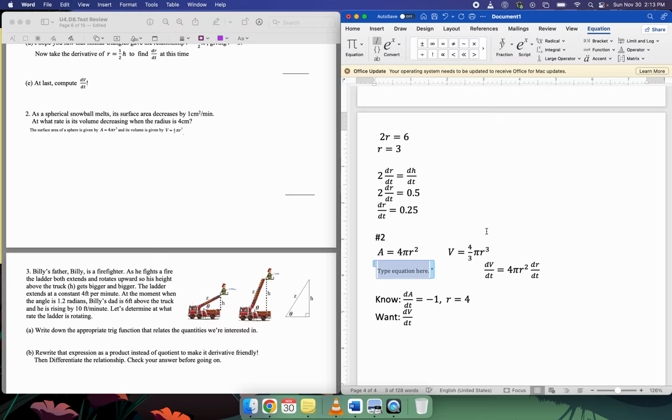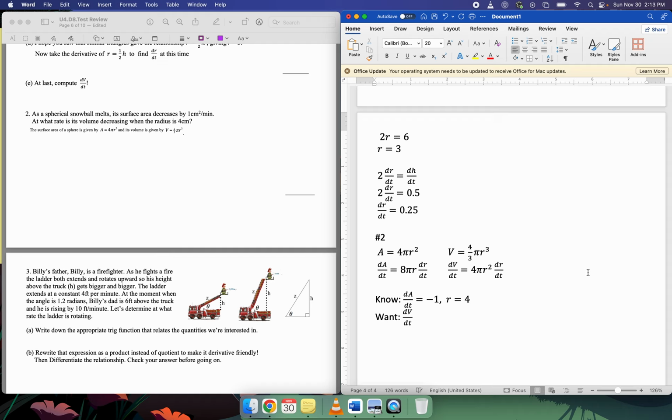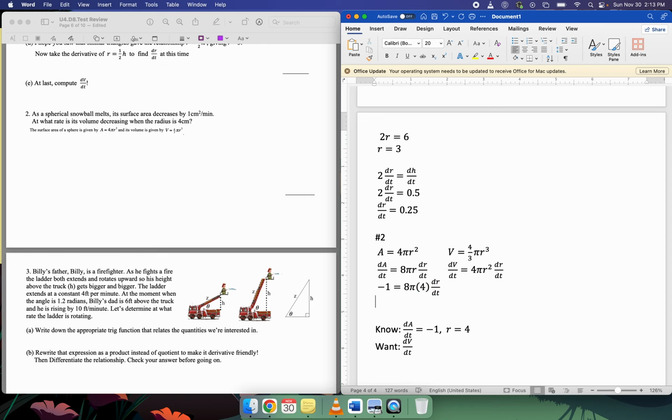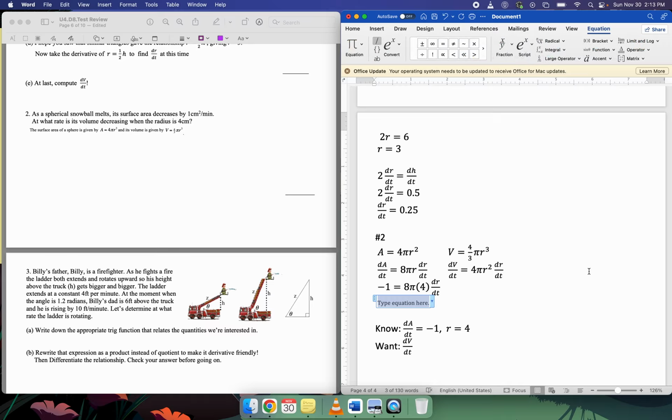That would give me dA/dt is equal to 8 pi r dr/dt. Okay, I know that dA/dt is -1, so -1 is equal to 8 pi times r, which is 4, times dr/dt, which means that dr/dt is -1 over 32 pi. So, whatever number that is.